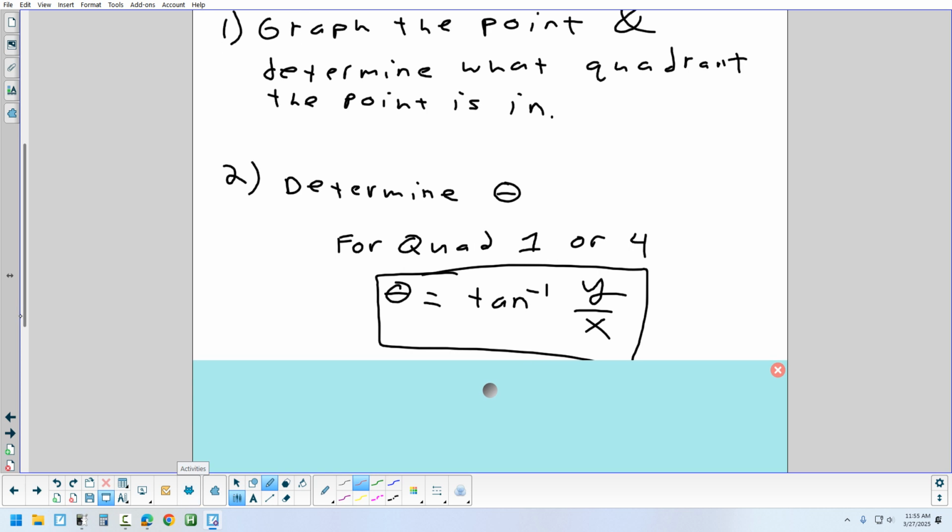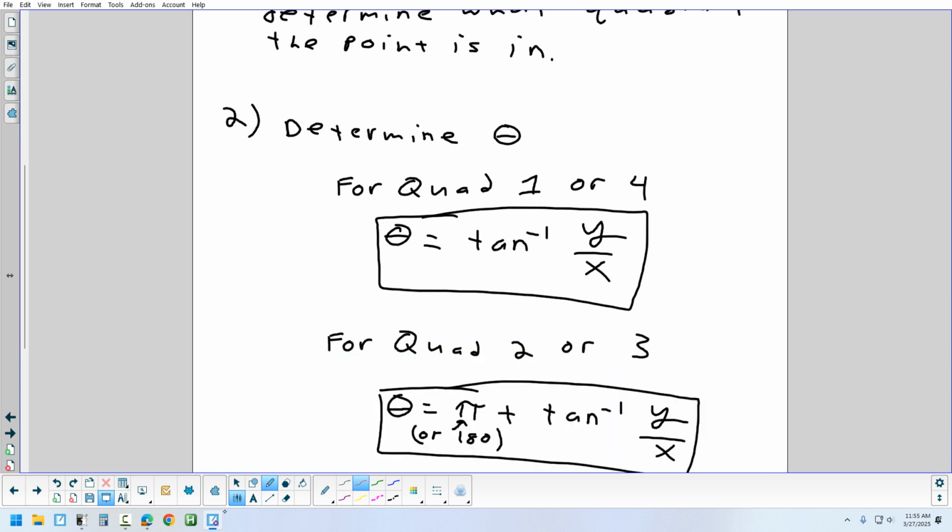If you're in quadrants 2 or 3, you can still use inverse tangent y over x, but you have to add 180. Okay, that's exactly the same formula as you had on Monday, when we converted complex numbers to trig form.